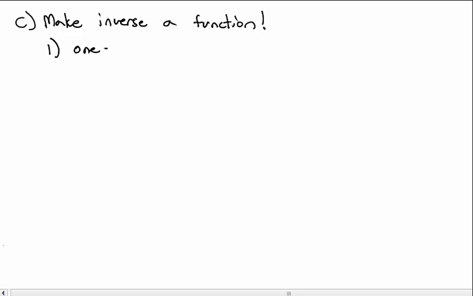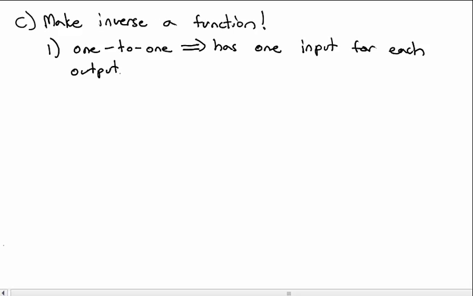A one-to-one function has one input for each output. This is similar to our definition of a function. A function has one output for each input. This one-to-one function is the opposite. A one-to-one function is going to pass not the vertical line test, but the horizontal line test.